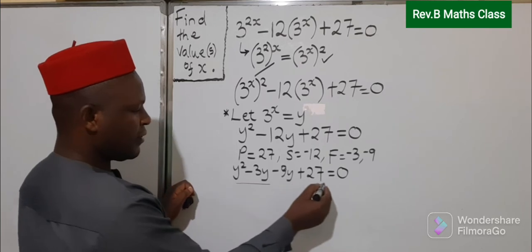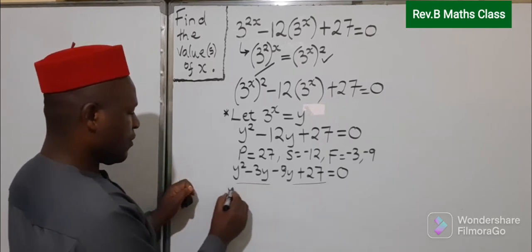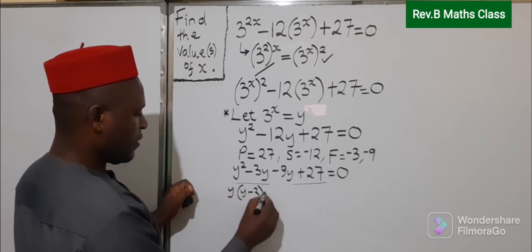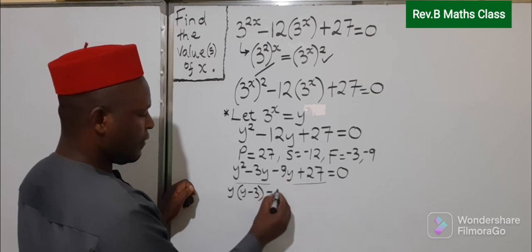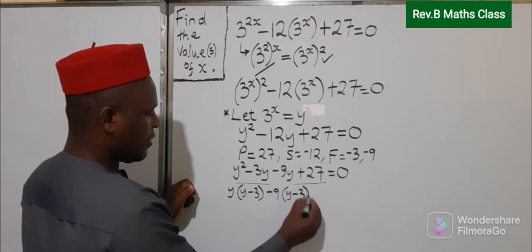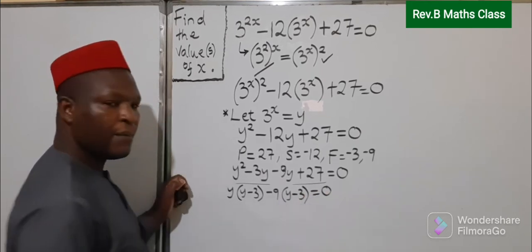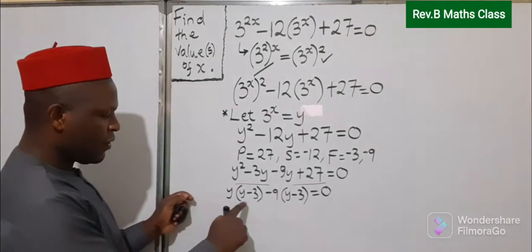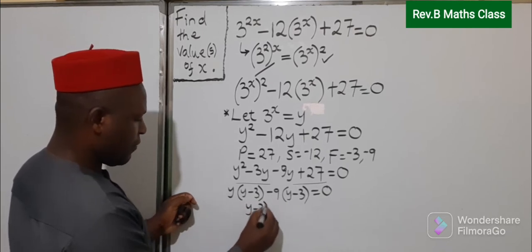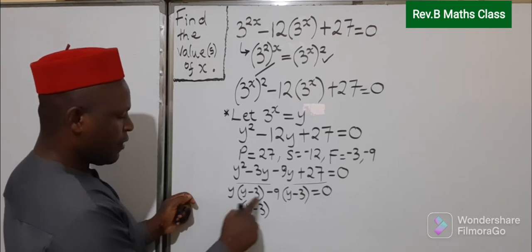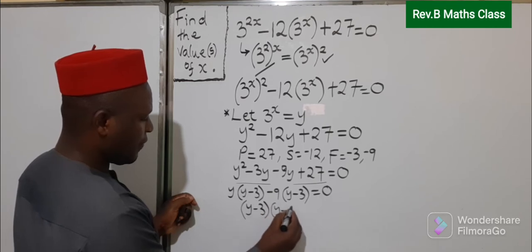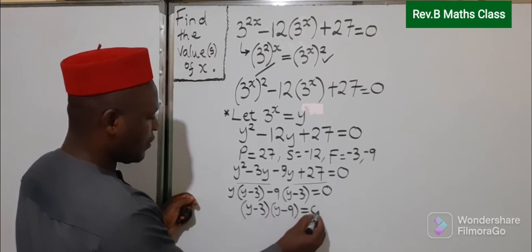You factorize this. What is common there is y. Then here you remain with y minus 3. What is common there is negative 9. y minus 3 equals to 0. We continue. What is in brackets is the same. So it means you're going to have y minus 3 in brackets, then here we have y minus 9 in brackets as well, equals to 0.